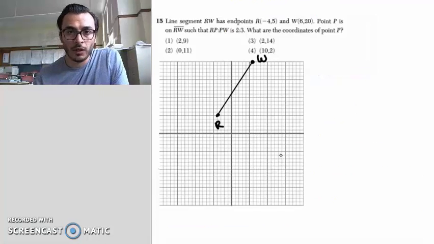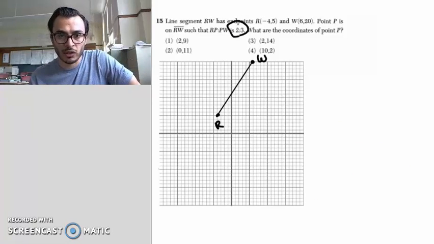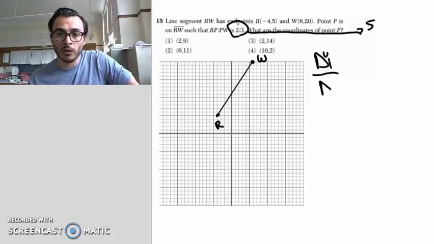Okay, so number 15, I went ahead and plotted the points R and W, and they want us to split it in a 2-to-3 ratio. In order for you to do that, you need to create 5 equal segments. 2 plus 3 is 5. All right. Find the slope of RW and reduce it. That means find the rise over the run.